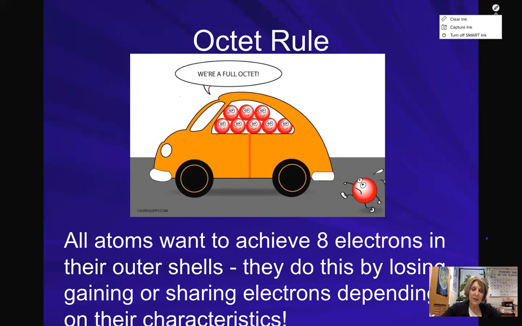If they don't have 8, remember, the only atoms that have 8 valence electrons, the electrons in the outer shell that are the highest energy, do it by either losing electrons or gaining electrons, or sometimes they will share electrons to get 8, depending on their characteristic. So at this point, on the first page of your notes, you can pause the video if you need to, and write the octet rule.